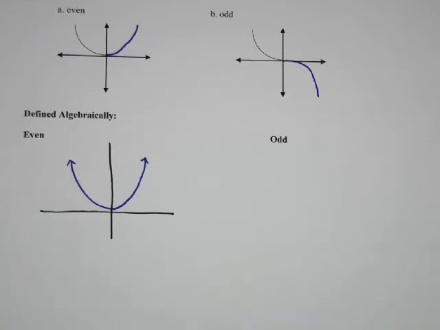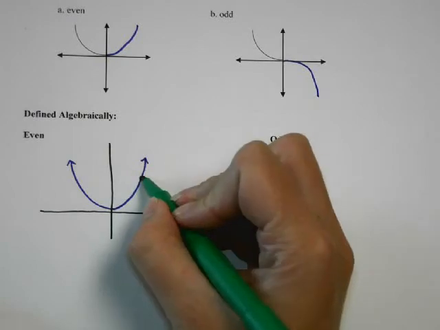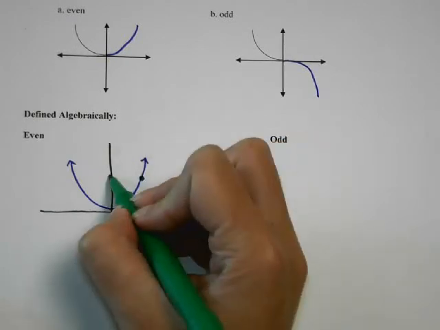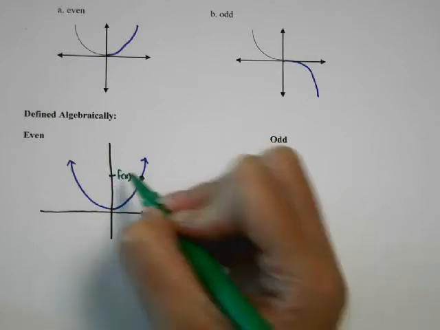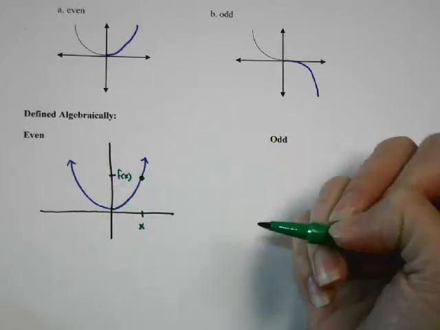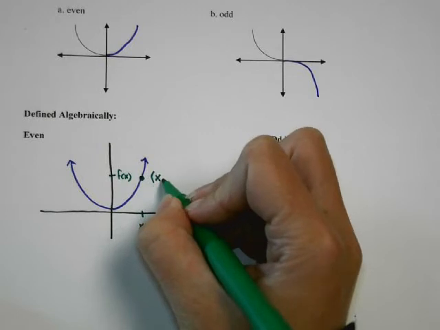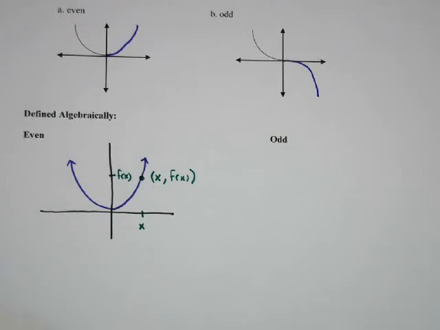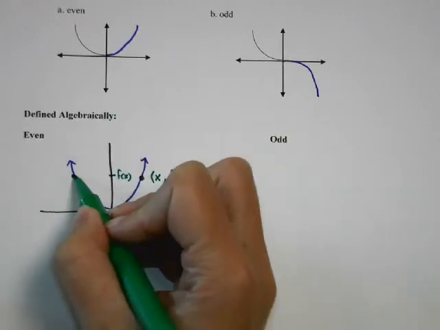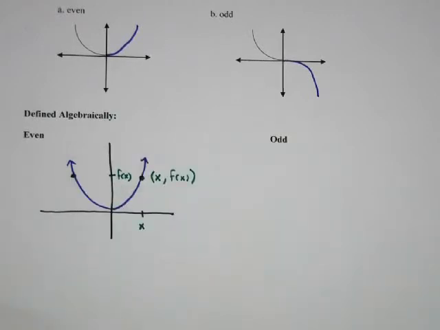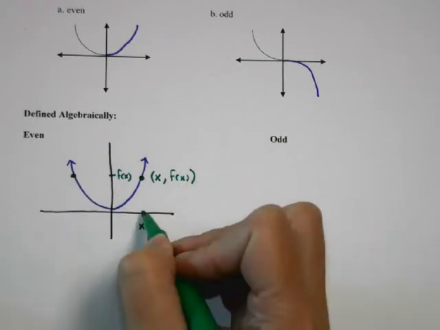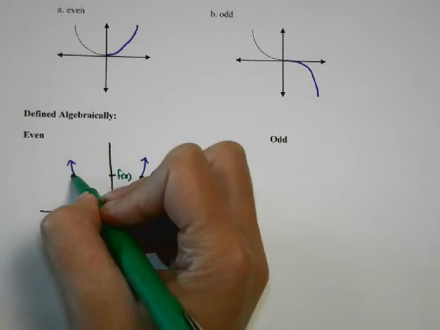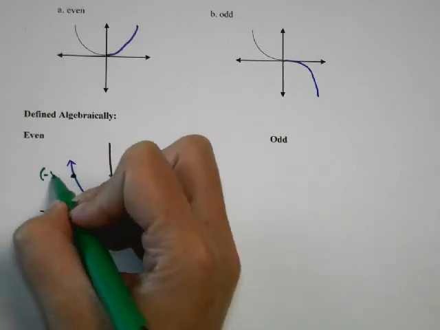This point here we're going to call x, and then whatever we get if we plug it in, f of x. So this point is x, f of x. There's a counterpoint over here, because there's always a point on the other side of the y-axis. If this is x, this distance would be negative x, but the height is exactly the same, so negative x, f of x.